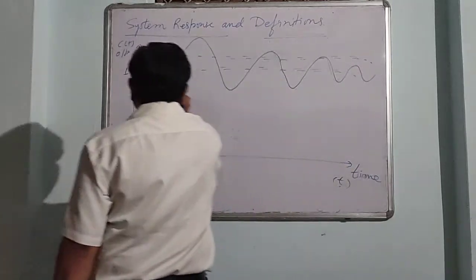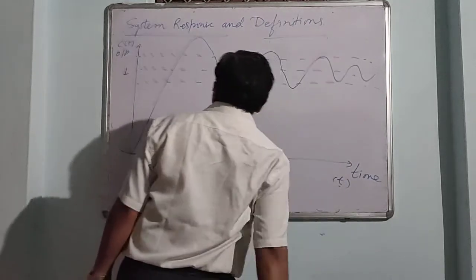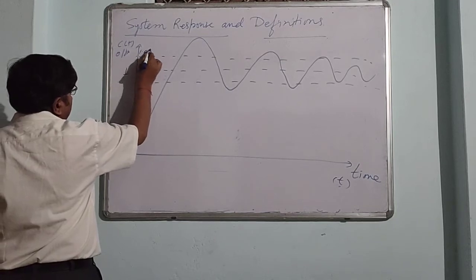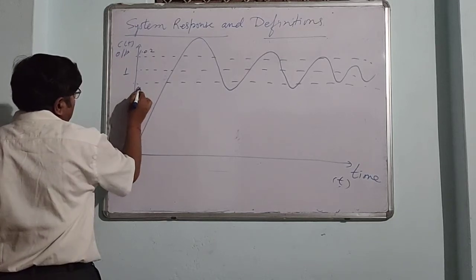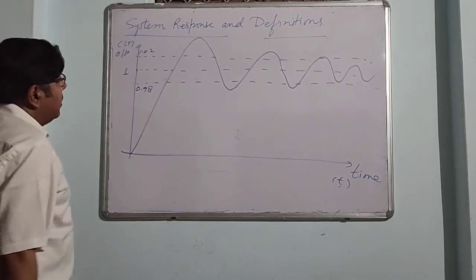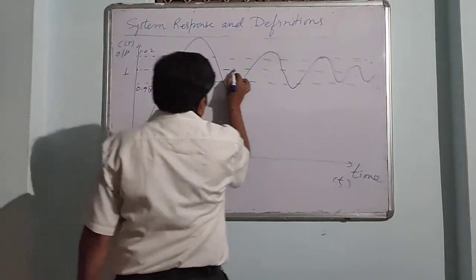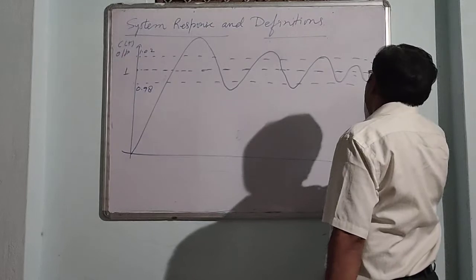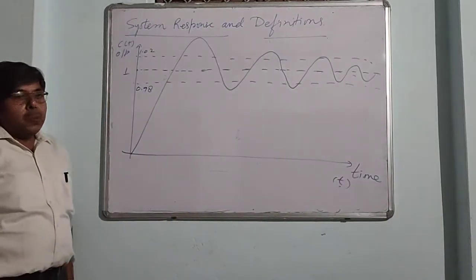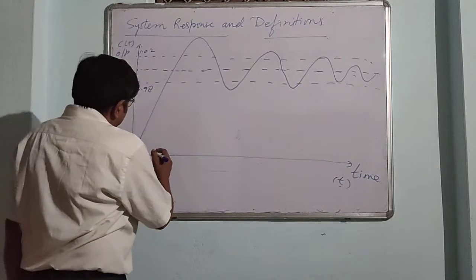After some time, suppose here this is represented by 1.02, this is 0.98, means 2% error is there. So this is the final value.